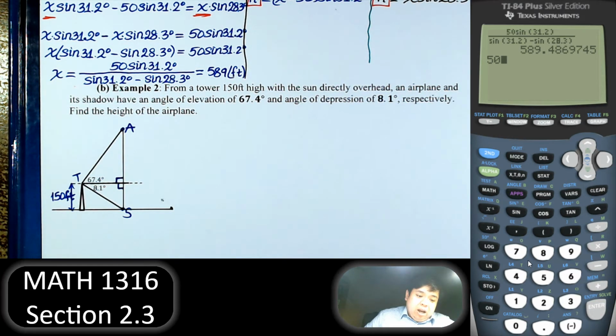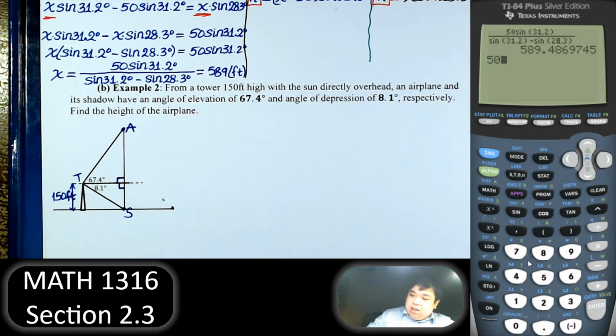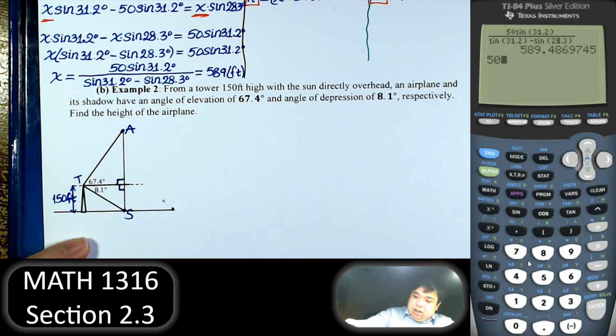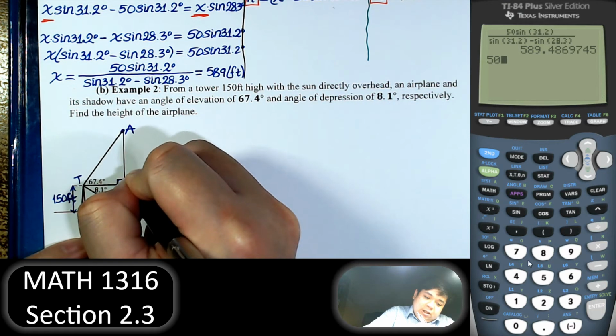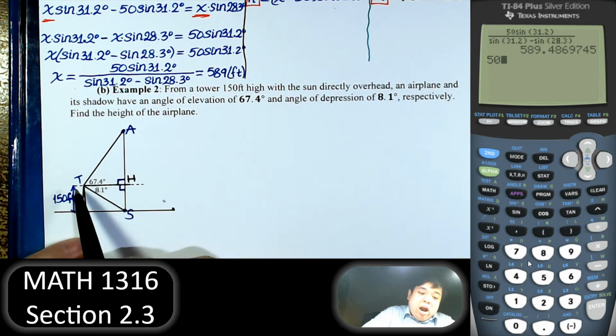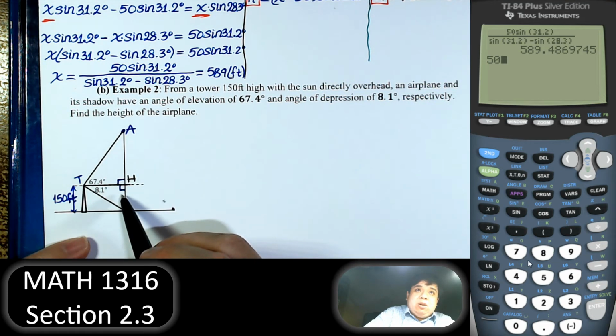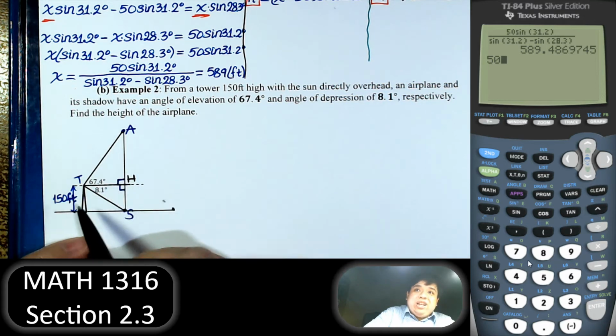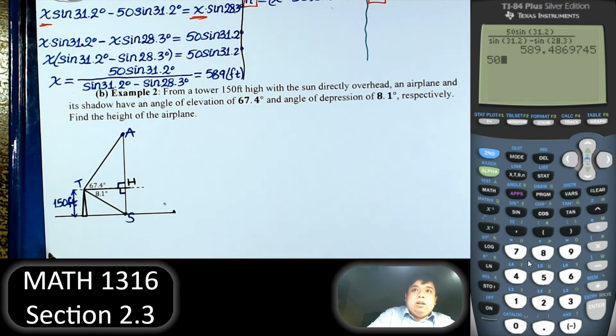How do we find that? In this triangle ATH, let's call this H. In this triangle TAH, we do not know any side, so it's not going to work, right? In a right triangle, in order to solve it, we have to know one side. Knowing only the angle doesn't help at all. We have to know at least one side, so that doesn't help.